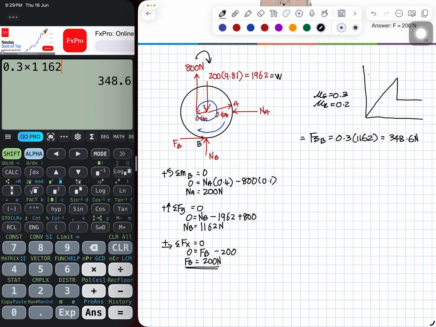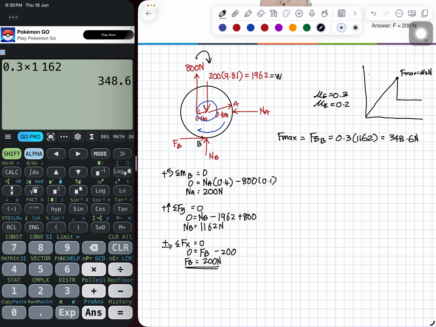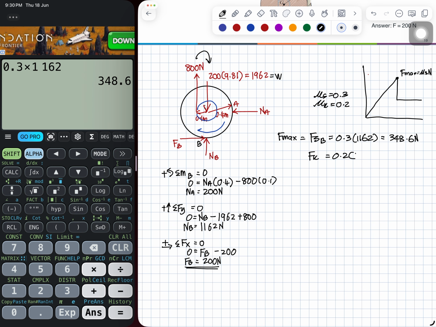This is the situation here: F maximum equals mu S N. And how about Fk, the kinetic friction? We have 0.2 times 1162, which equals 232.4 Newton.